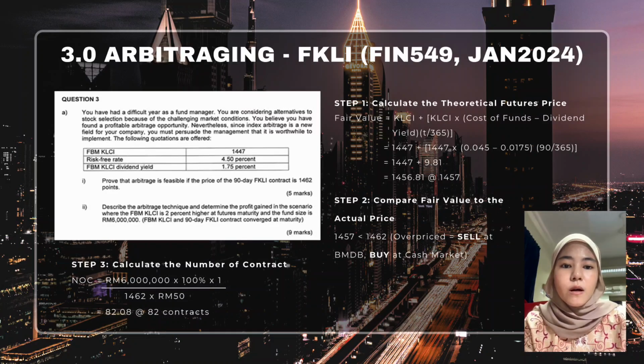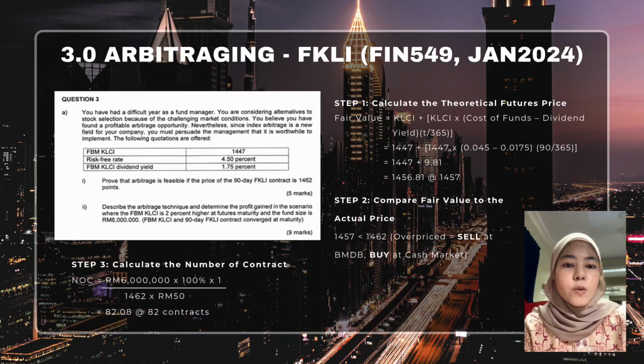As we know, arbitrage opportunity exists when there's a difference between the calculated price and the actual price. All the information and the price are already given in the table. To solve the question, first step is we have to calculate the theoretical future price.